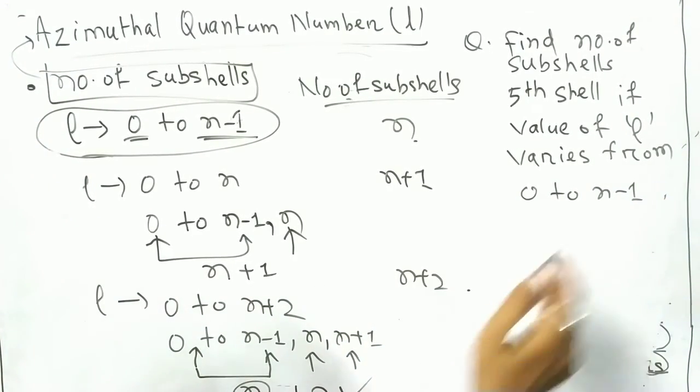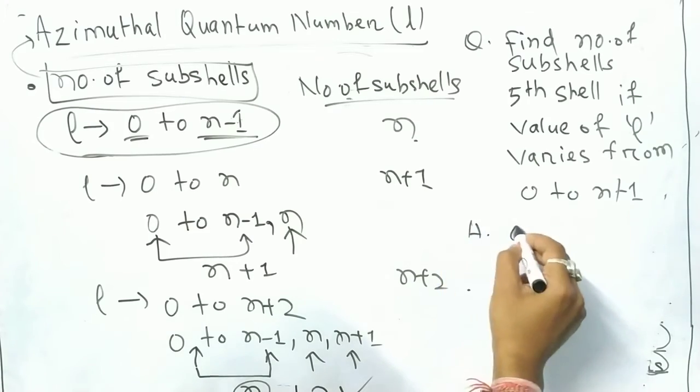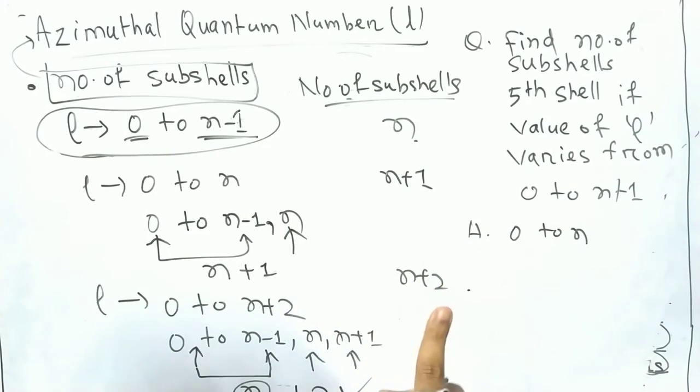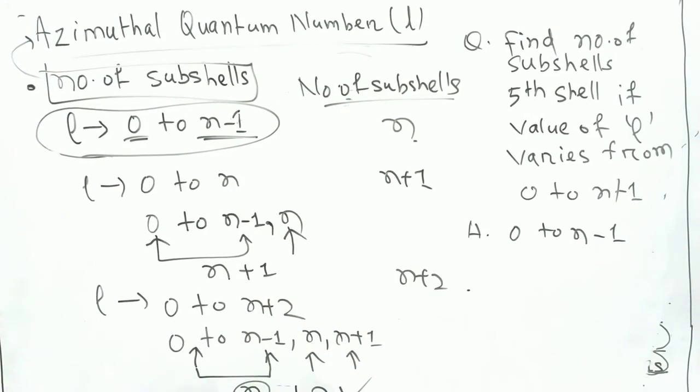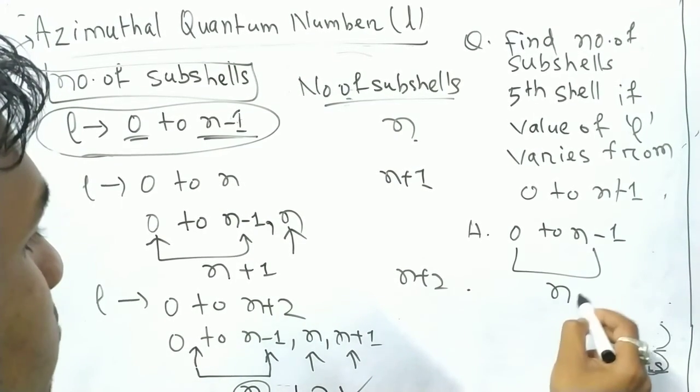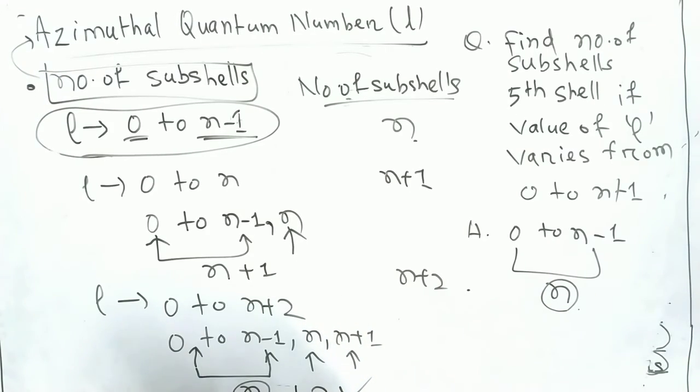Okay, n plus 1, sorry. The answer is, from 0 to n minus 1, the number of subshells is equal to n, right?